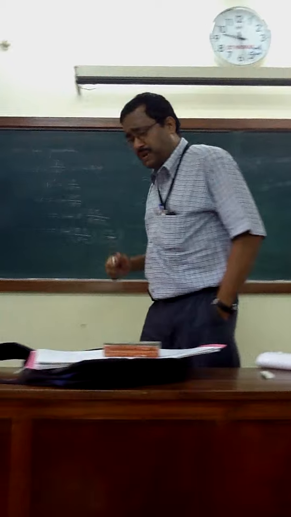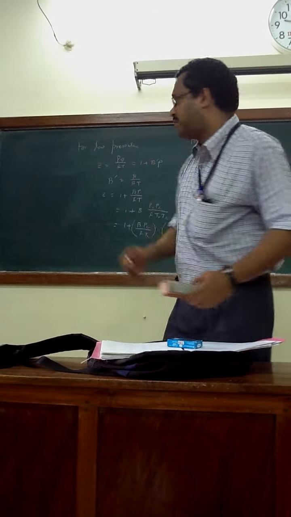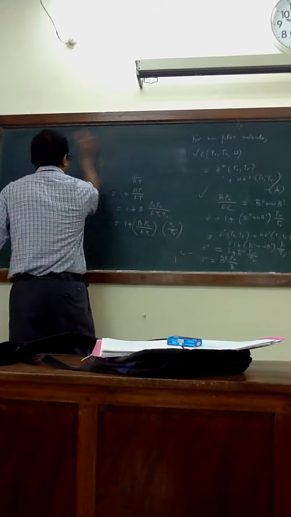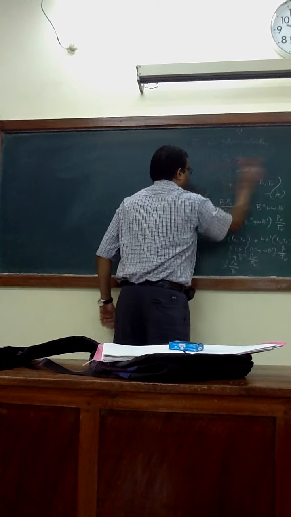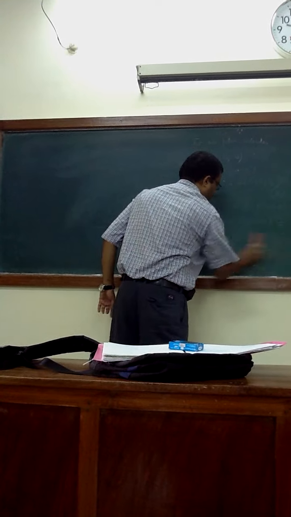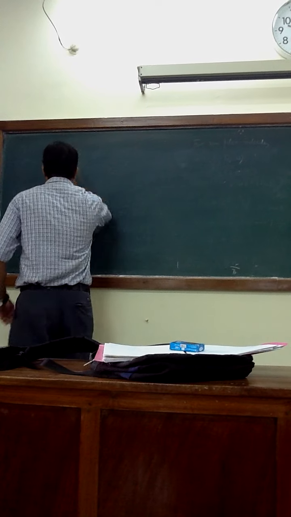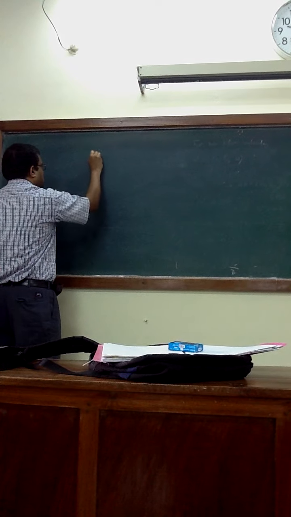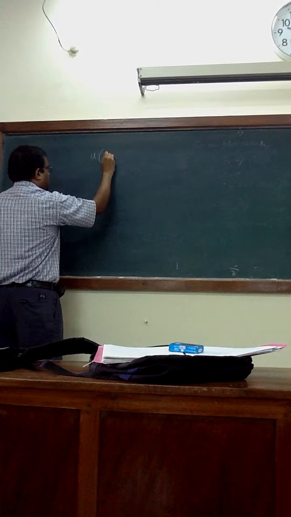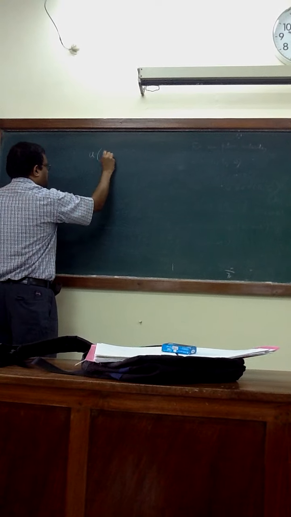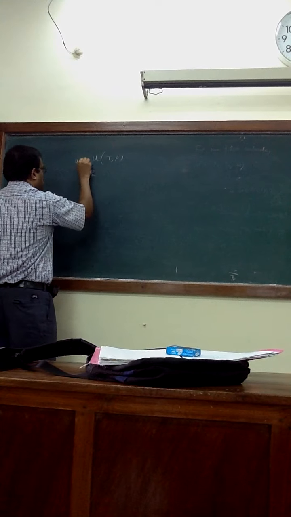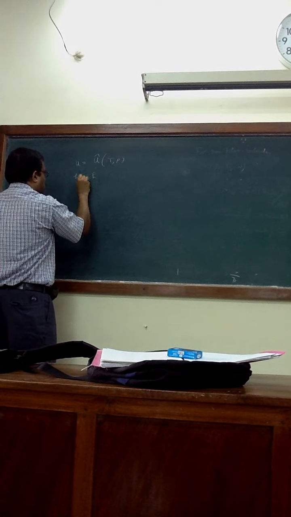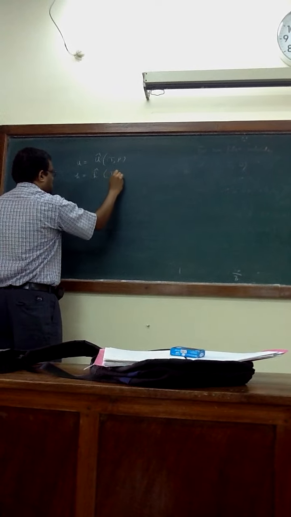And for that purpose, in the classes before this equation of state, we have obtained that internal energy is a function of T and P, and we can write enthalpy like this also.